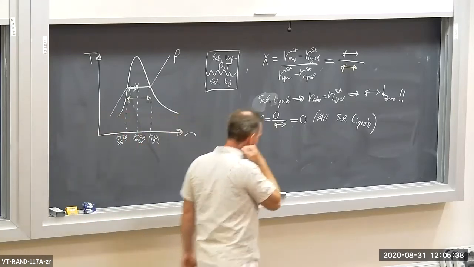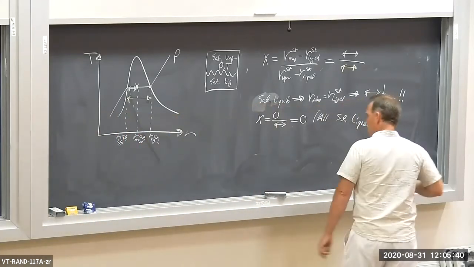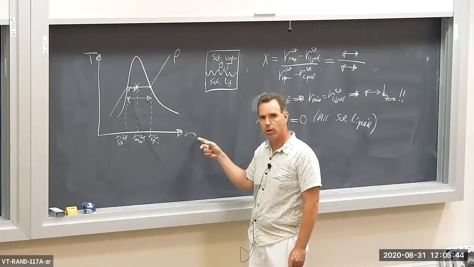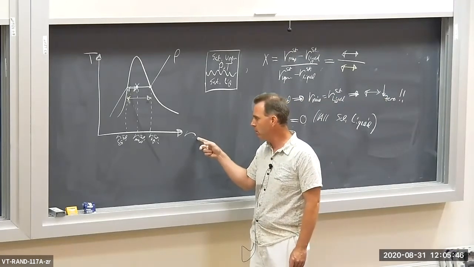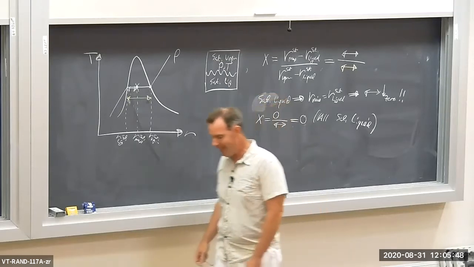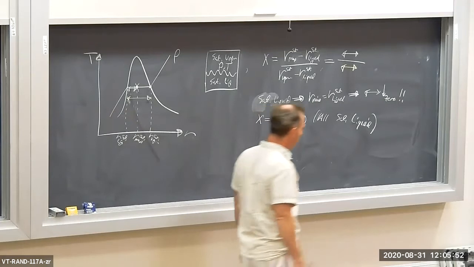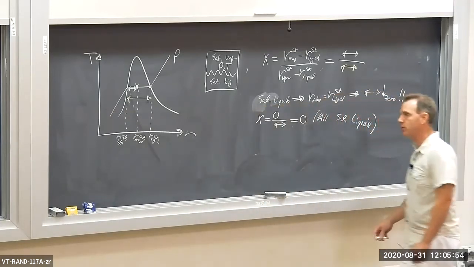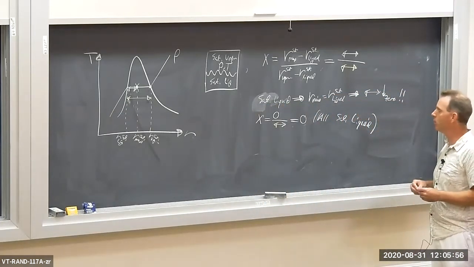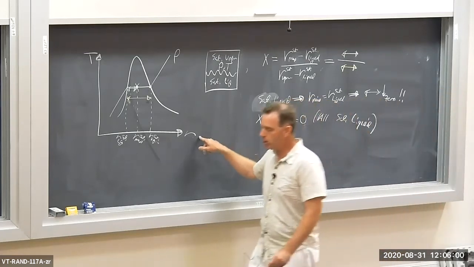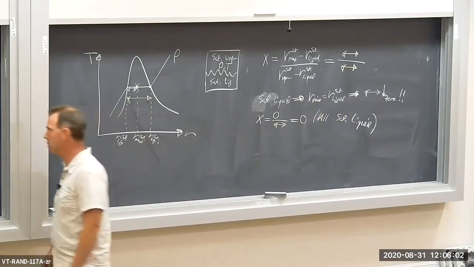And by the way, this goes for specific volume, or I can do specific internal energy. I could put a U here, or I could put an H, specific enthalpy. So this works in general. This is a general graphical interpretation of quality. I could put TV, TU, or TH here.